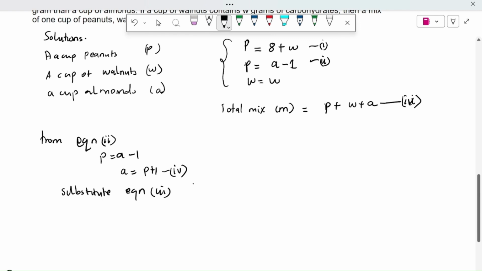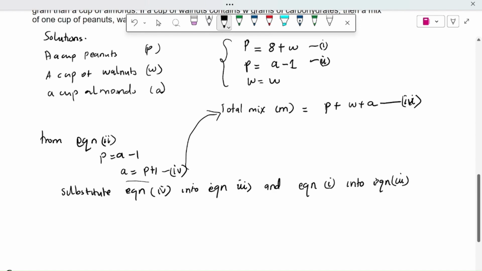We're going to substitute equation 4 into equation 3, and equation 1 into equation 3, so we substitute this equation to here and this equation to here also.